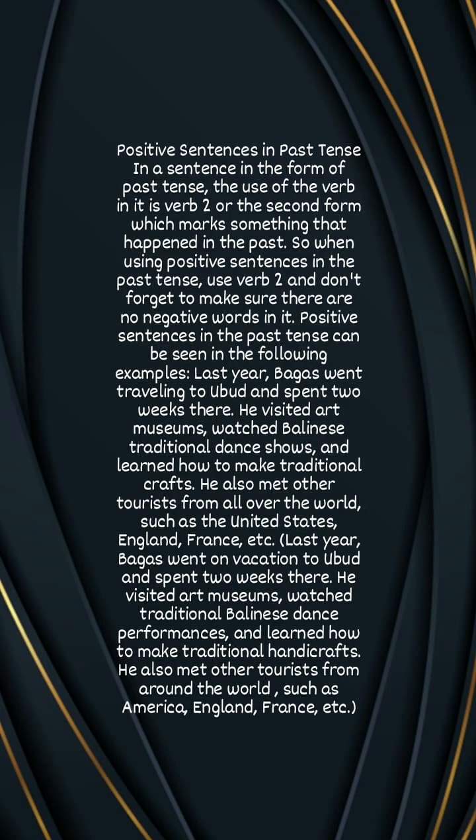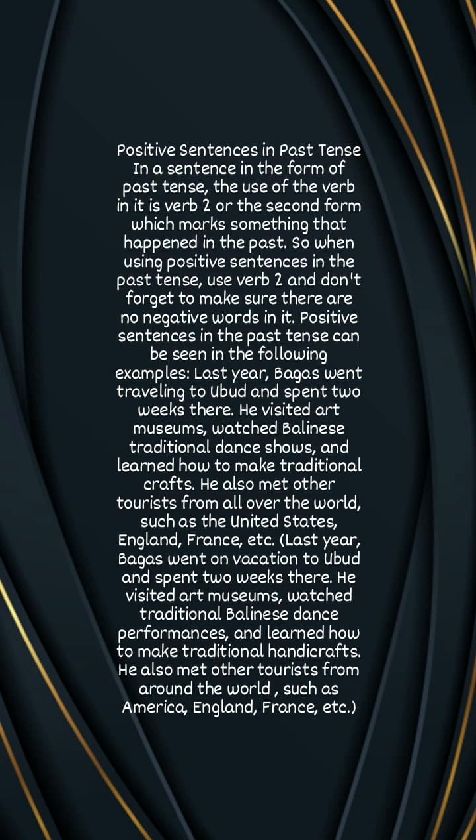Positive sentences in past tense. The use of the verb in it is verb 2 or the second form, which marks something that happened in the past. So when using positive sentences in the past tense, use verb 2 and don't forget to make sure there are no negative words in it. Positive sentences in the past tense can be seen in the following example.